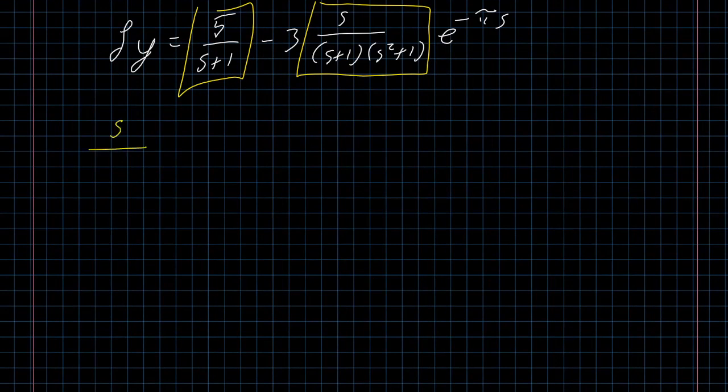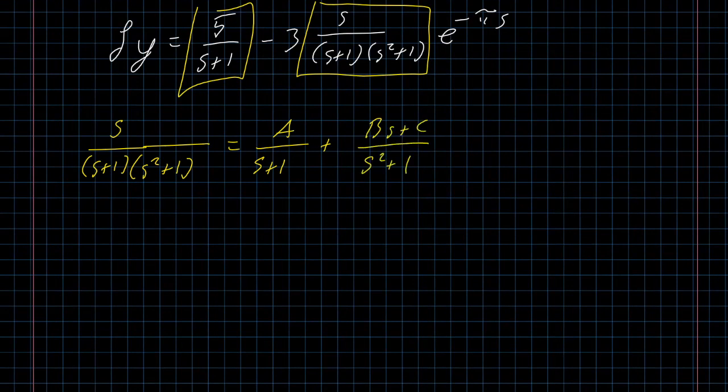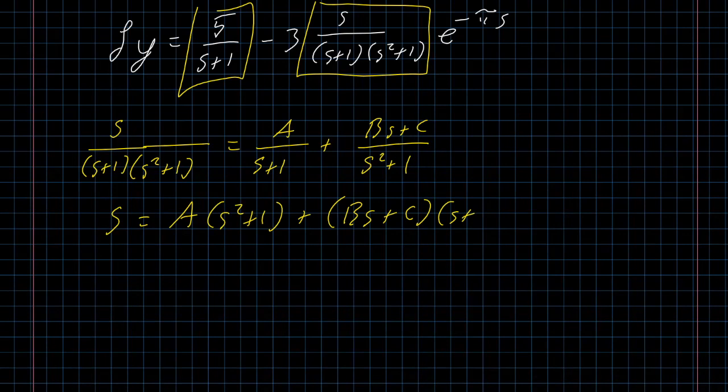S over s plus 1 times s squared plus 1 has to be equal to some constant a over s plus 1 plus some linear factor bs plus c over s squared plus 1, which means that s is equal to a times s squared plus 1 plus bs plus c times s plus 1.